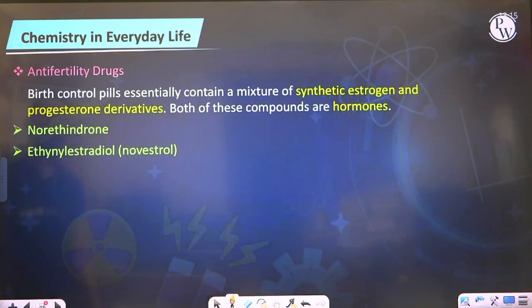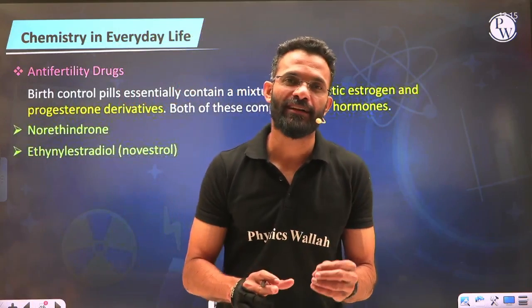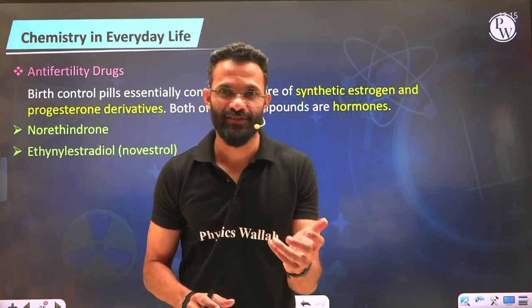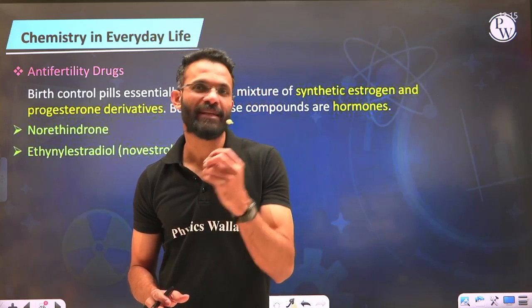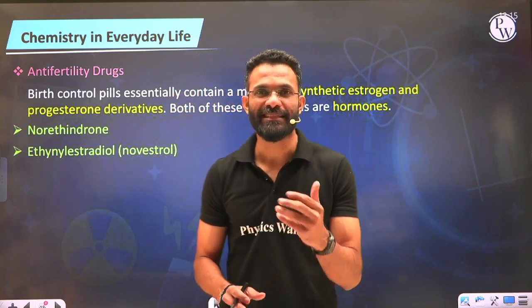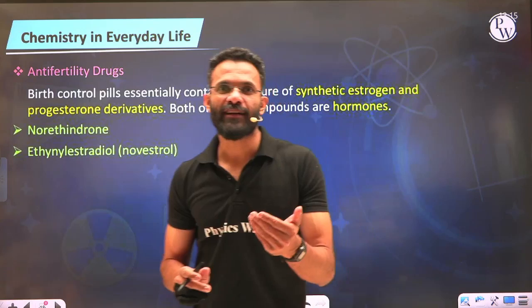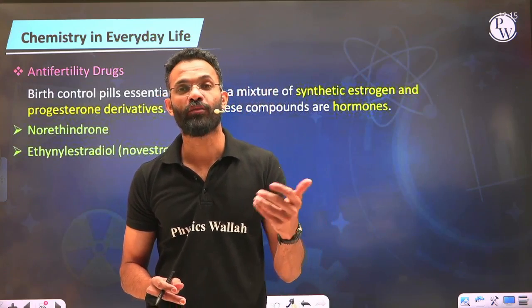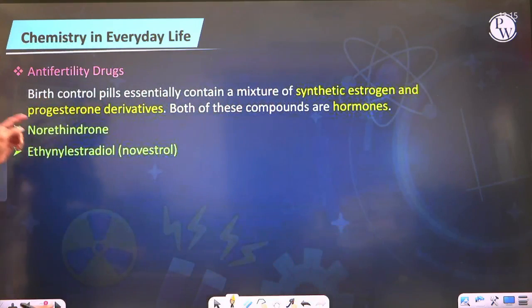Well, the next category of drug that we'll have to learn is anti-fertility drugs. In simple words, they are nothing but the birth control pills. So the medicines that a person takes to stop or prevent pregnancy are basically anti-fertility drugs. You will find these anti-fertility drugs are nothing but derivatives of the hormones called estrogen and progesterone.